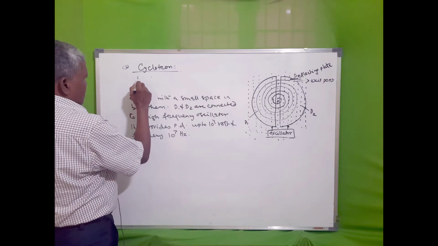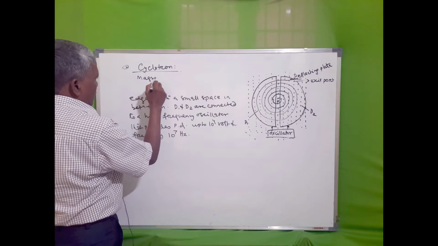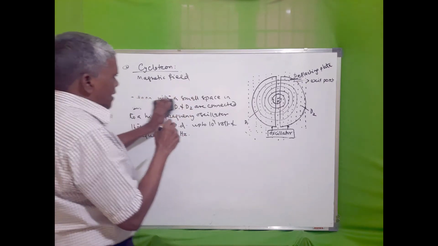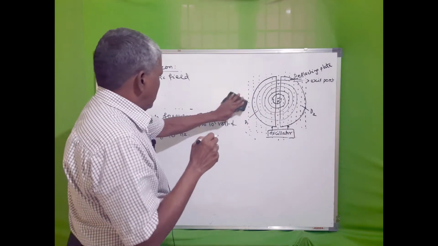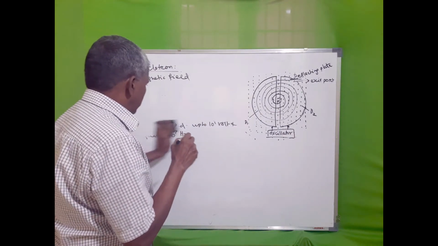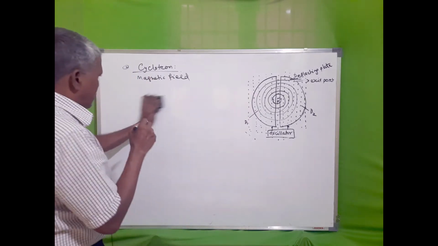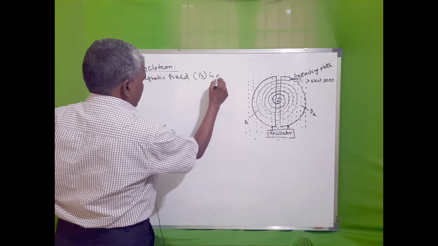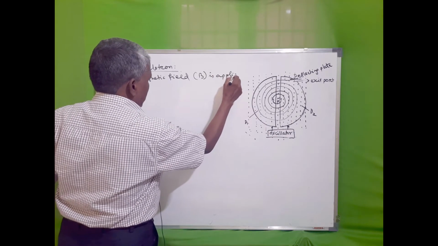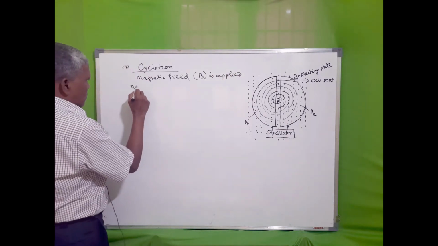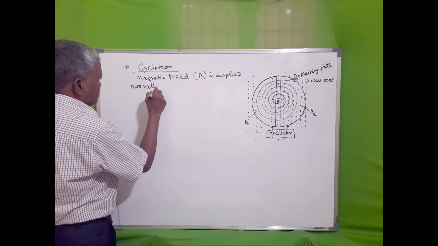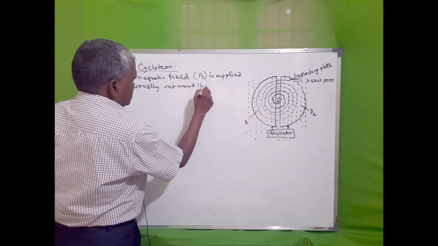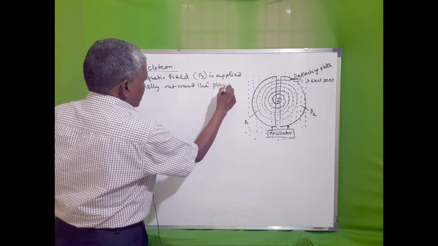Magnetic field B is applied normally outward the plane of the Ds.